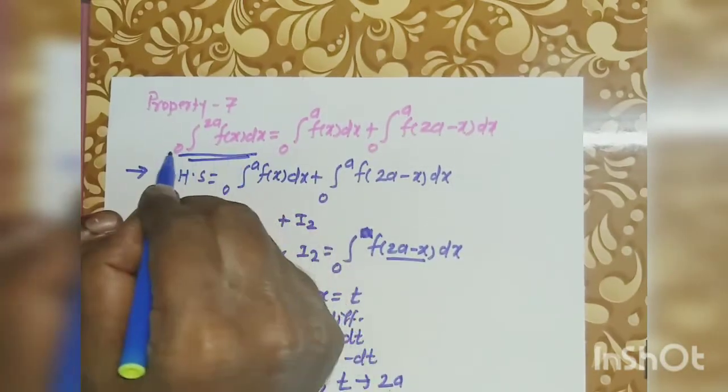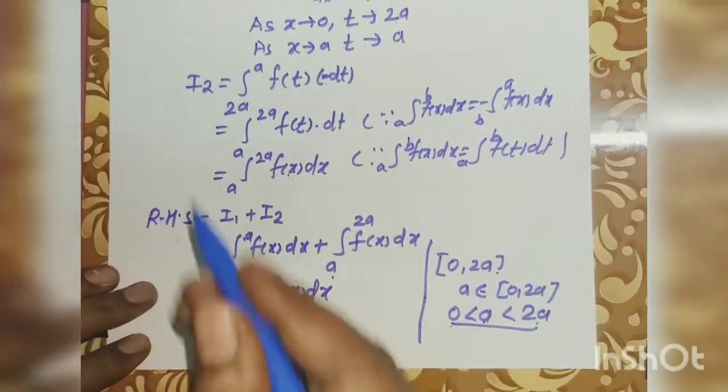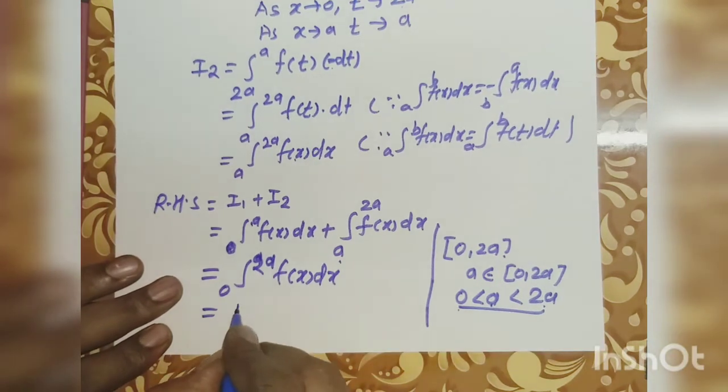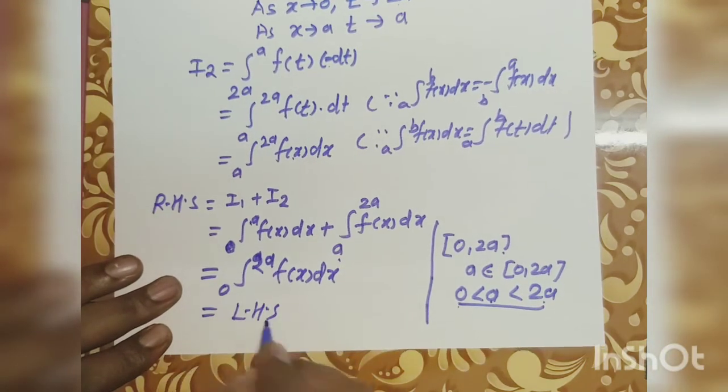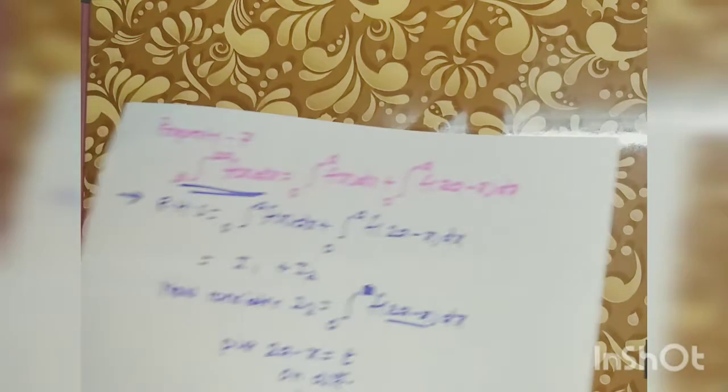Therefore, after solving, we get 0 to 2a of f(x) dx, that is LHS. In this way, we prove the first theorem, the seventh property.